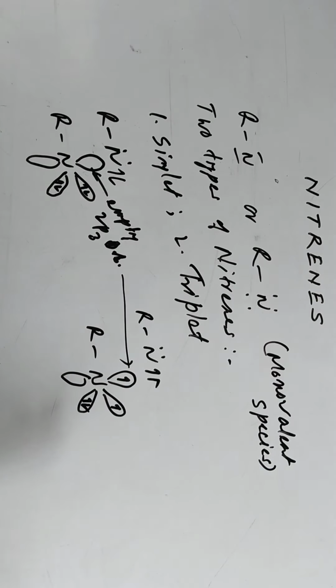So repeating again, nitrenes have two types: singlet and triplet. In the singlet, both electrons are paired, but in the triplet they are parallel. This is the difference between singlet and triplet nitrenes, almost similar to what we discussed earlier in the case of carbenes.